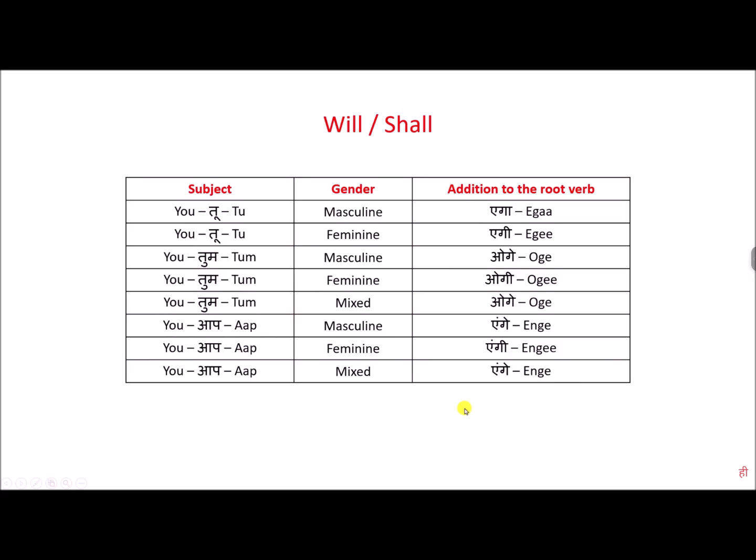Right now, I do not want you to worry by looking at all these words needed to frame simple future tense sentences, because I will take each subject in detail and I will explain how to frame them. Alright, so let's begin the class.